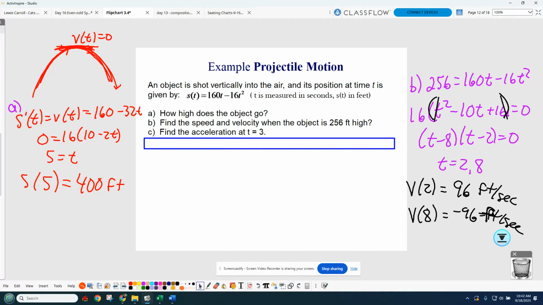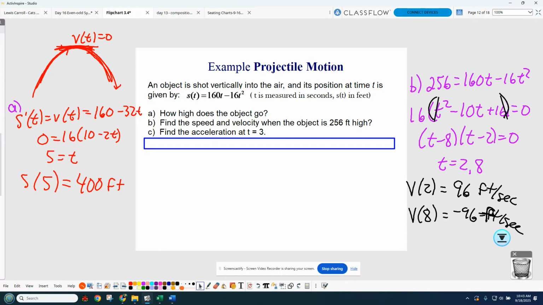Find the acceleration at time 3. So what's the acceleration?